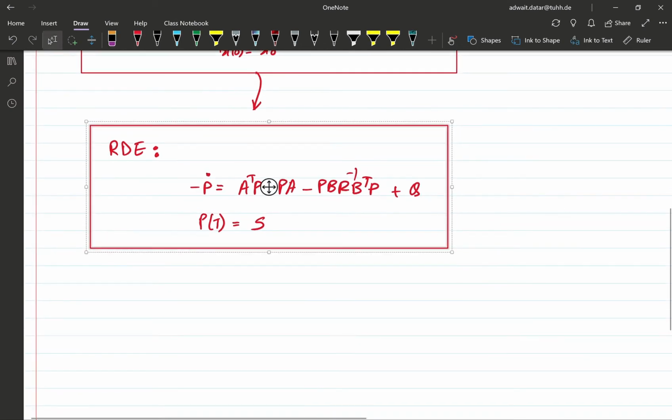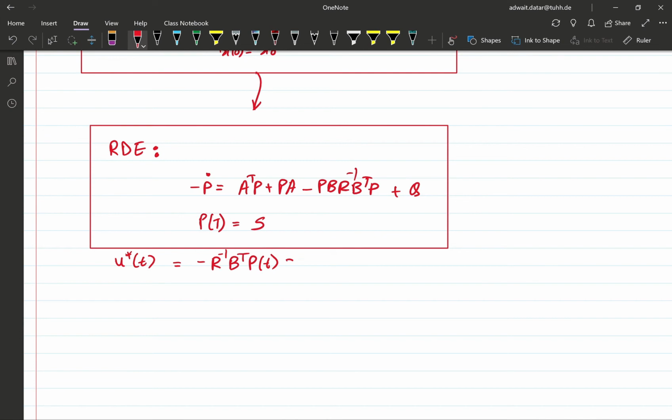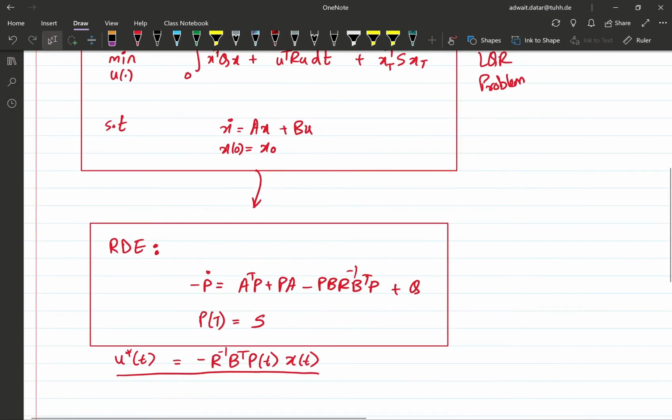And once we have a solution to the Riccati differential equation, u star of t equal to minus R inverse P transpose P of t x of t. This u happens to be the solution to the LQR problem.